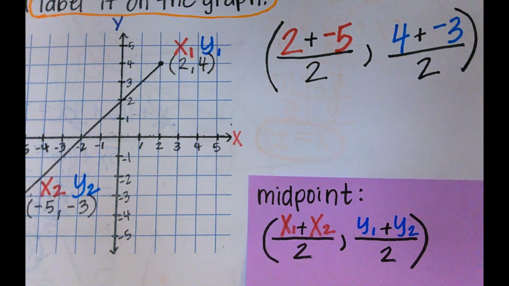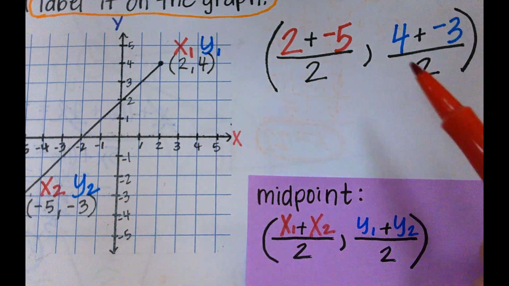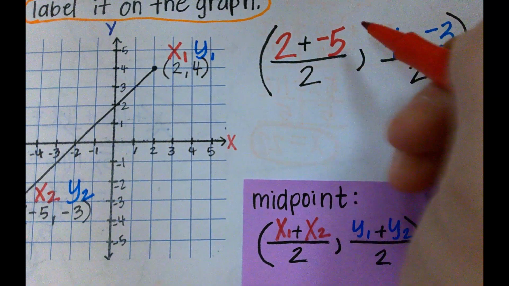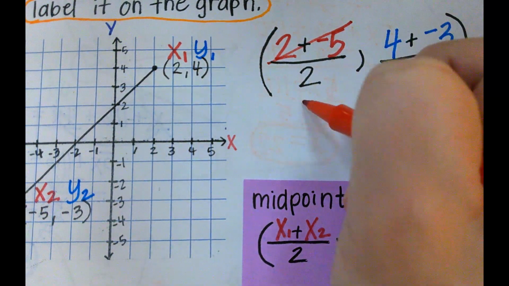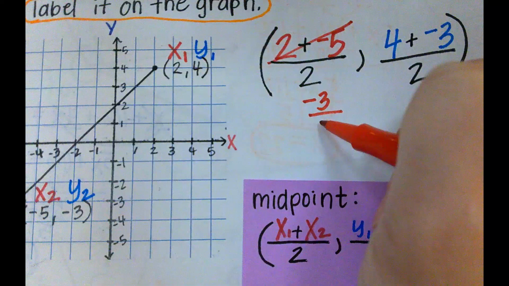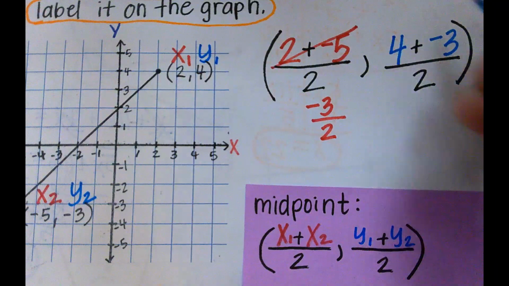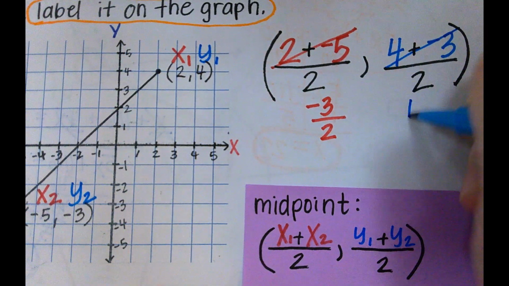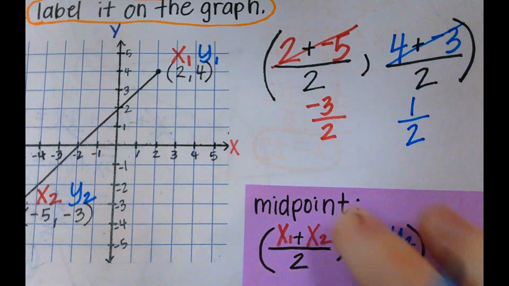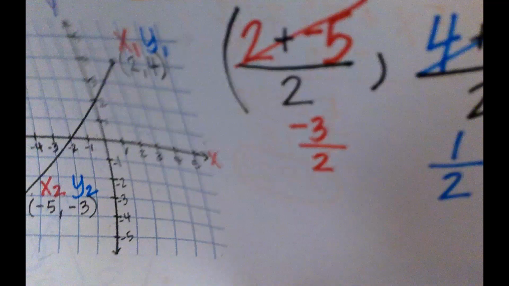So the first one is going to be -3 divided by 2. 2 plus -5 is -3. Bring down, divide by 2. Second one's going to be 1 divided by 2. Good. 4 plus -3 is 1. Divide by 2. And you will get decimals.